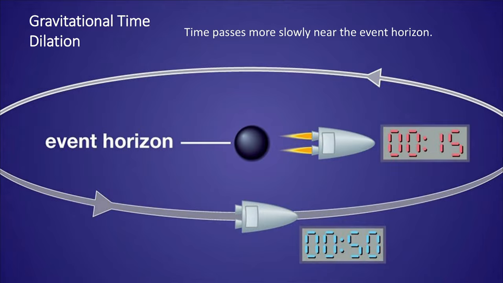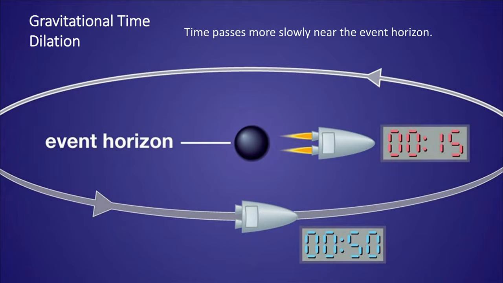So by them going so close to the black hole, from their point of view, their time passed normally, but from the point of view of the people on Earth, basically the people on Earth would have aged 50 years to their 10 minutes or whatever it took them to do their little gravitational slingshot.